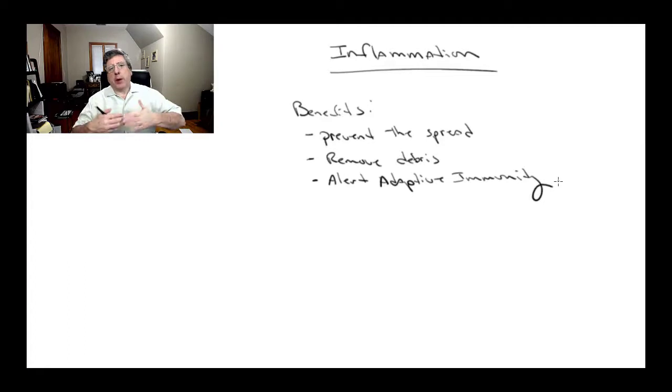Okay, so this is basically what happens. My other videos that talk about adaptive immunity will go into much more detail, but adaptive immunity starts off with innate immunity. So innate immunity will say, hey, I don't know what you are, but I'm going to eat you, I'm going to kill you. And your adaptive immunity sees it and says, I don't recognize it.